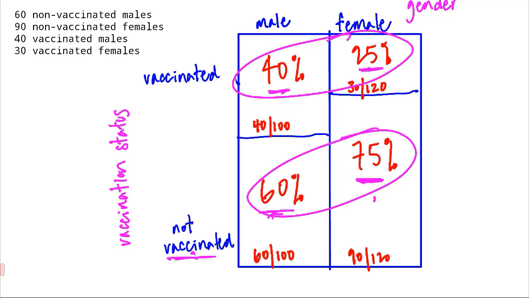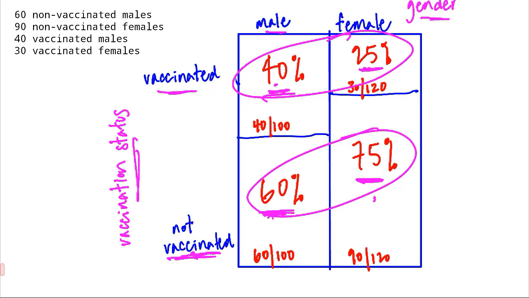So the variables, gender and vaccination status, are associated, and the values, not vaccinated and female, are positively associated. Vaccinated and male are also positively associated because the 40% is bigger than the 25%. Not vaccinated and male are negatively associated.